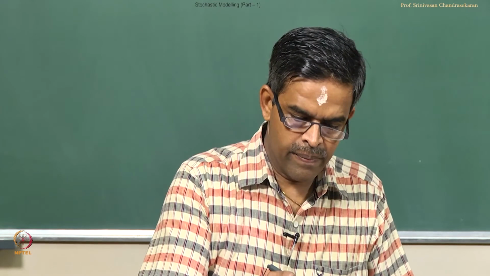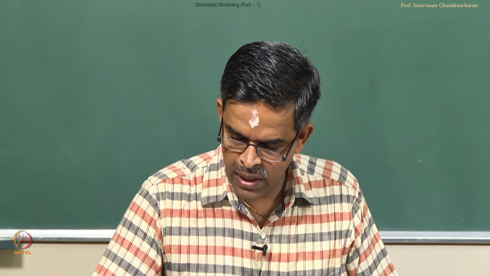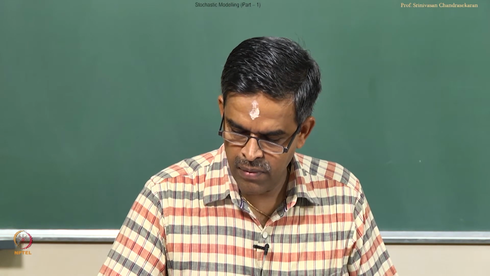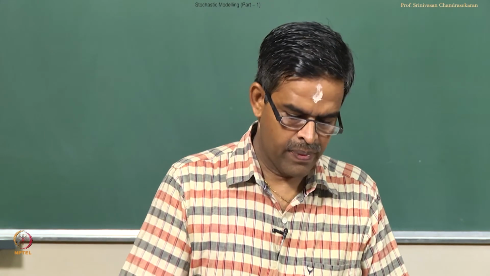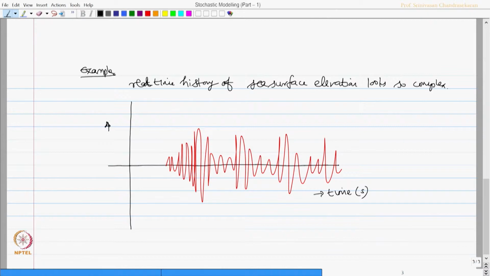Let us say the x axis gives time in seconds and the y axis gives sea surface elevation eta in meters. Sea surface elevation is actually referred to as eta in meters. So, the figure looks very complex. Sea surface elevation has high randomness.